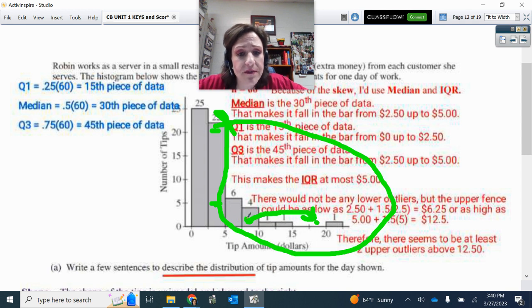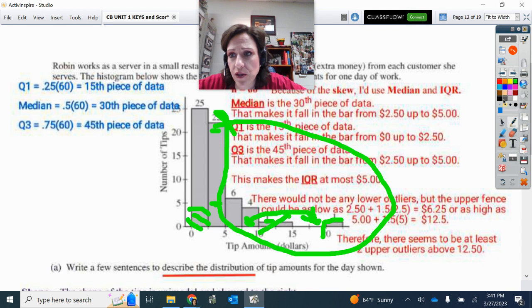So moving a piece of data from here to here, it would just still be in that same top 25%. So whenever you are knocking off the edges to get to the middle, so when I'm knocking off the low and the high, and the low and the high, and the low and the high to get to that median, which is right there in the middle.